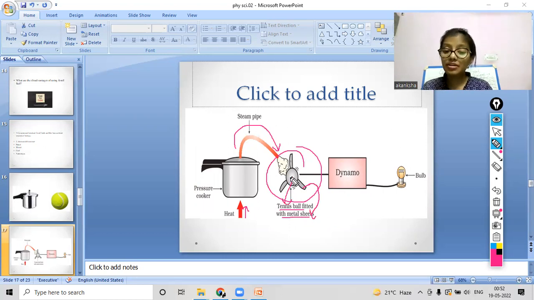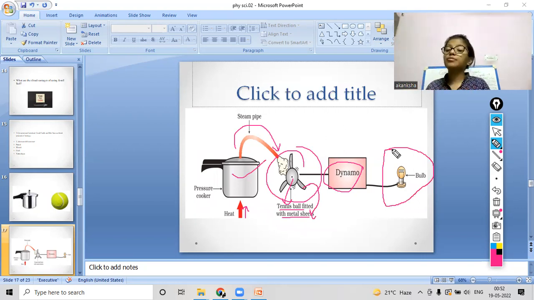So we made a turbine, and this turbine is then connected to a mechanical machine called the dynamo. The function of the dynamo is converting the thermal energy, which we are getting from the pressure cooker, into electrical energy. The energy we are getting from the dynamo is helping to light the bulb.